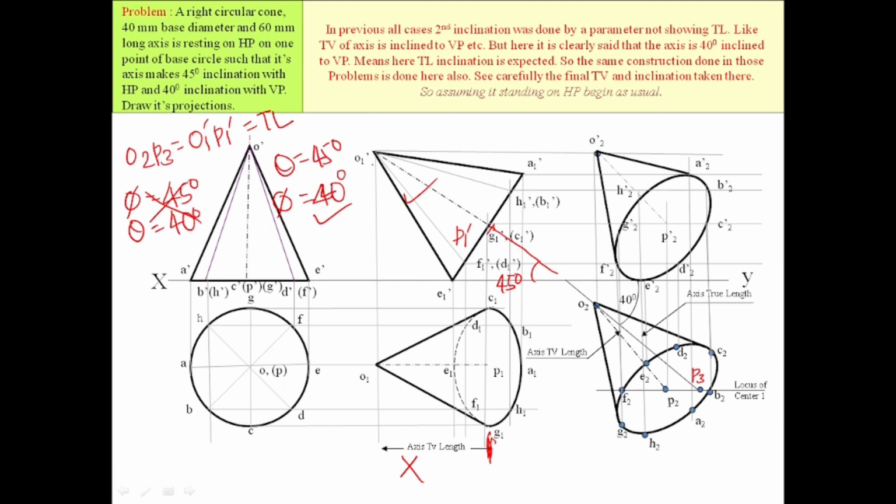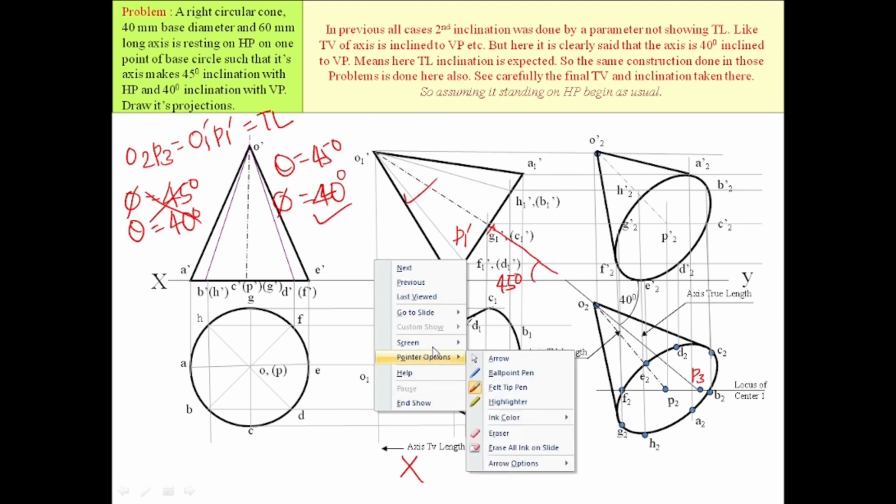Just remember the line rotation method. In that line rotation method, we can see that the true length makes an angle with the XY line, and on that locus actually the top view is resting.